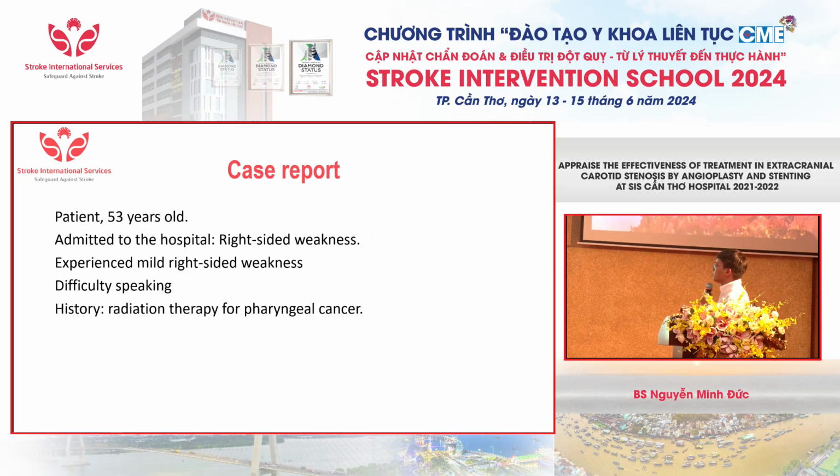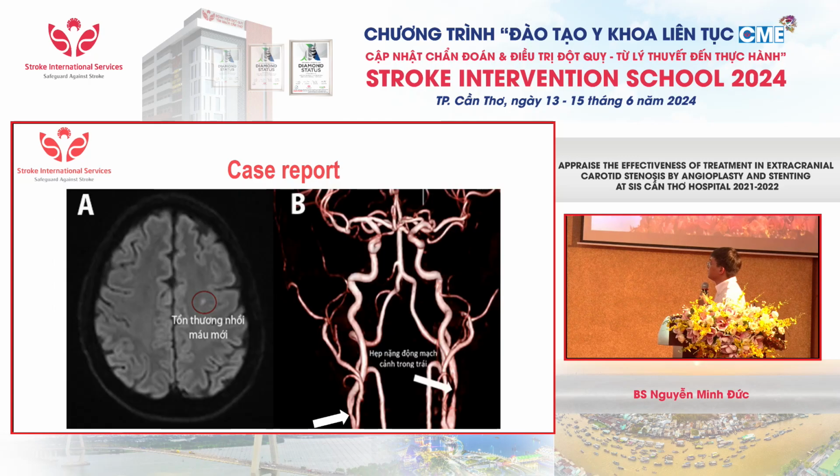We have a case report. The patient, 53 years old, was admitted to hospital with right-sided weakness, mild weakness and difficulty speaking, with a history of radiation therapy for pharynx cancer. This is the lesion on MRI, showing severe stenosis of the LICA and moderate stenosis of the right MCA.